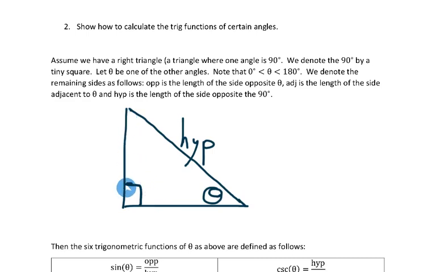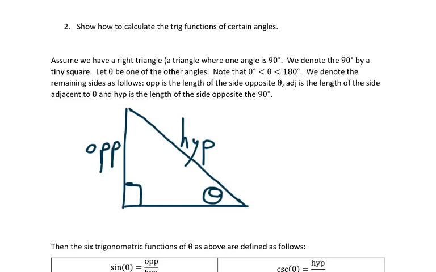This side here is the one that's opposite theta. The length, that's the opposite side. I'm denoting its length by OPP. So again, OPP is the length of the side that is opposite theta.